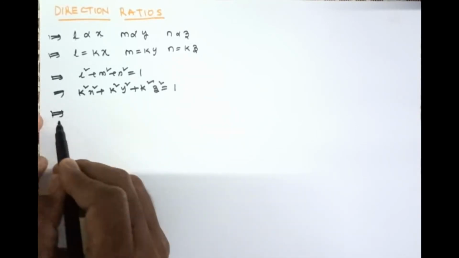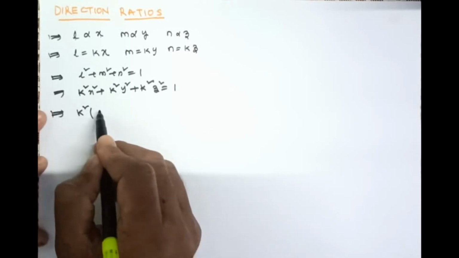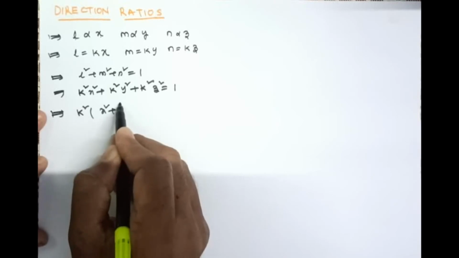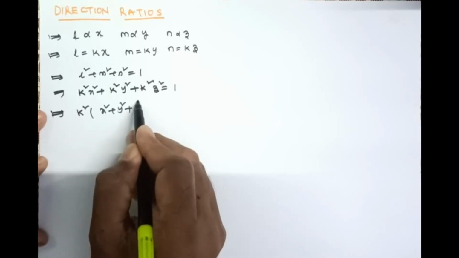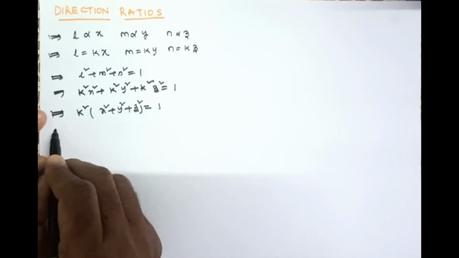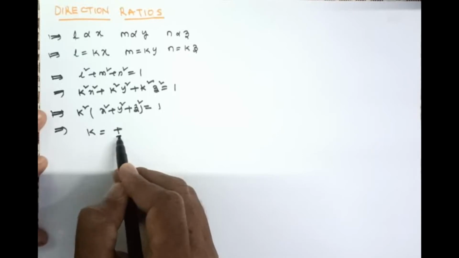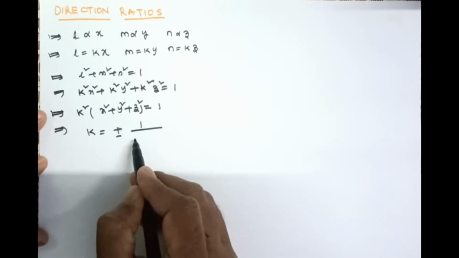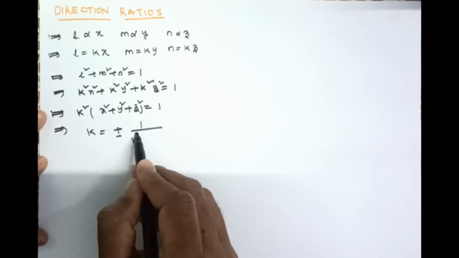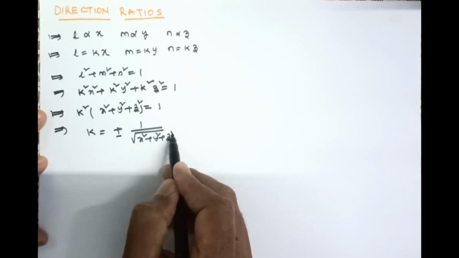That implies if we take k square common, then k square times x square plus y square plus z square is equal to 1. So that implies k is equal to plus or minus 1 by root over x square plus y square plus z square.